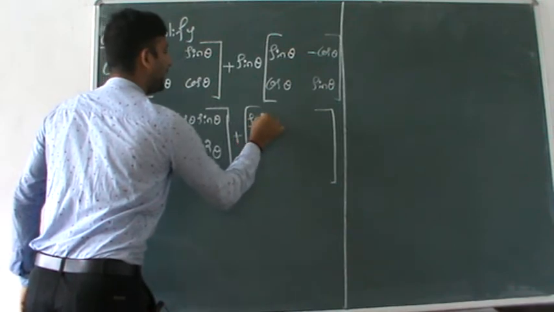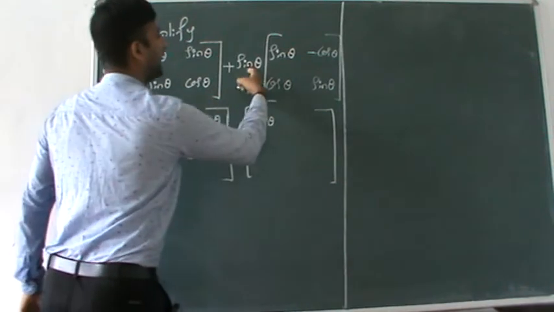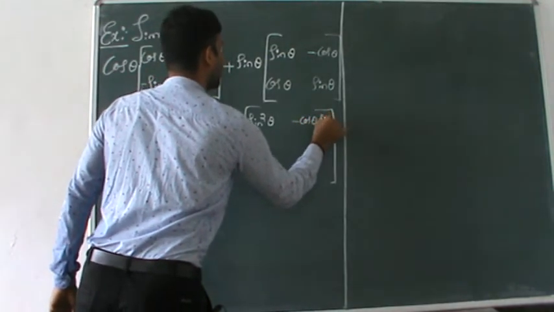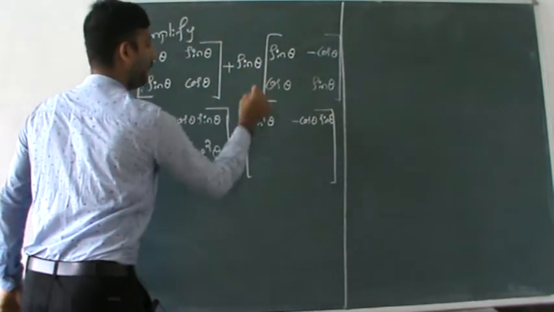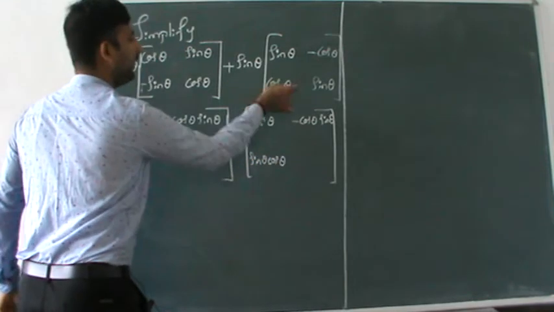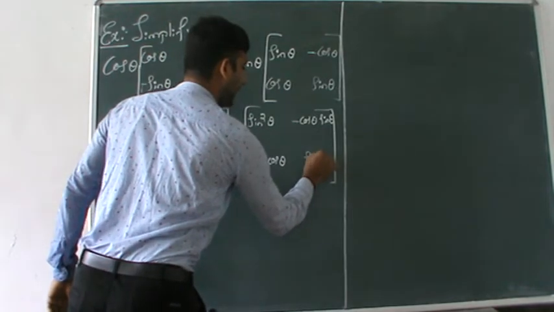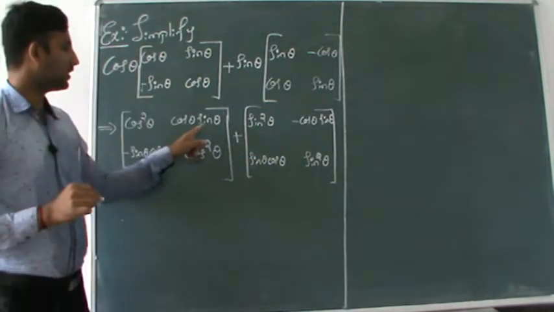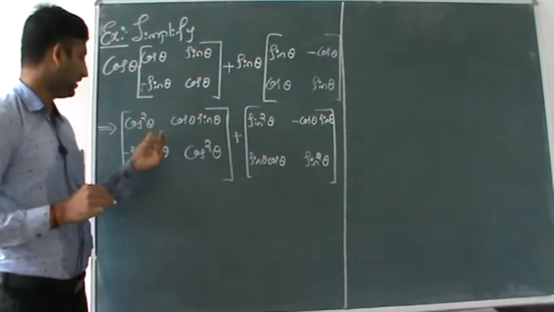Sin square theta. After that, sin theta into minus cos theta becomes minus cos theta sin theta. Sin into cos, again sin theta cos theta. Sin into sin becomes sin square theta.